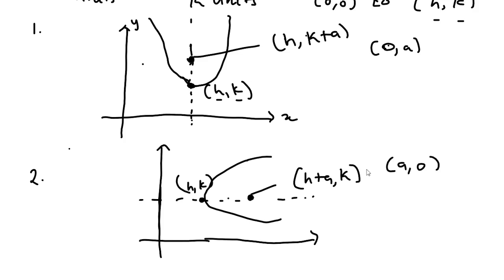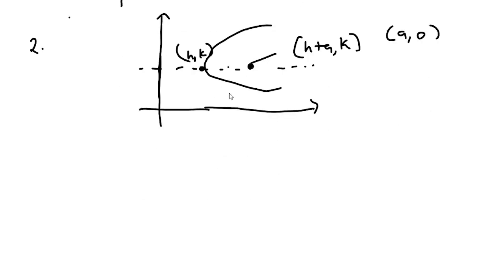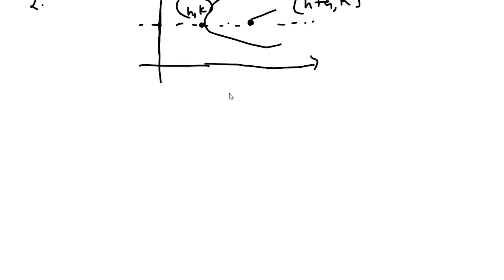The basic idea is that it moves from the origin h units horizontally and k units vertically.